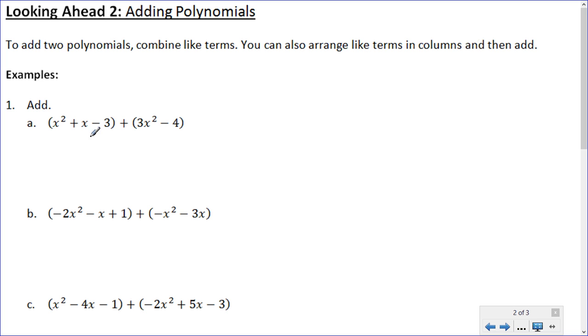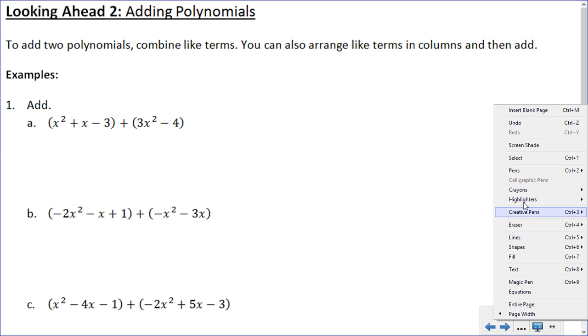Okay, so here we are adding this polynomial, x squared plus x minus 3, and we're adding to that 3x squared minus 4. Well, if you think about this, these parentheses here, yes, they group this polynomial and this polynomial, but really, because it's all addition, these parentheses are not necessary. So really what we're doing is just combining like terms still.